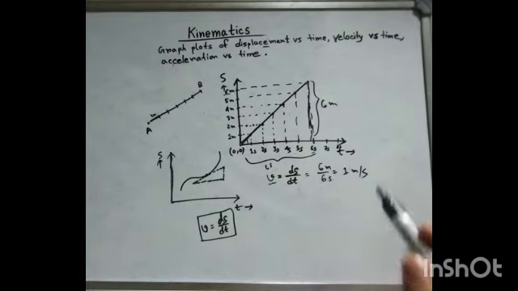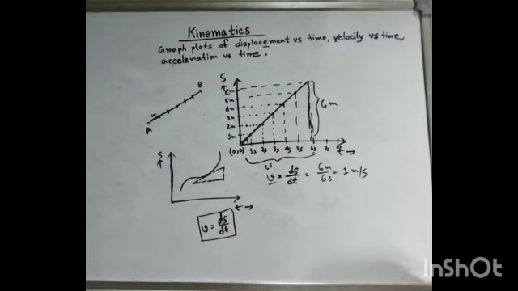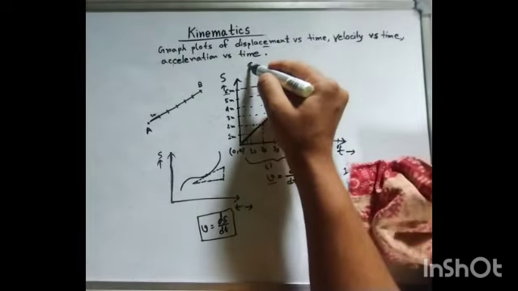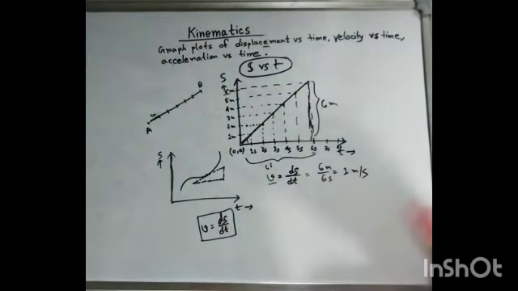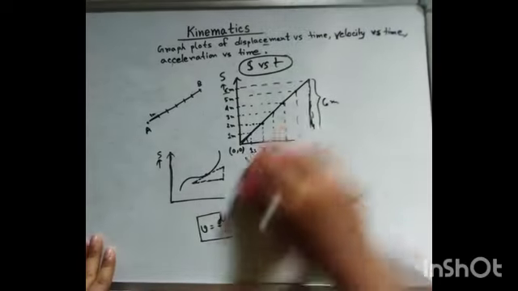Similarly, next we will see the velocity versus time graph. This was displacement versus time, the s versus t curve. Now we will see the velocity versus time curve.